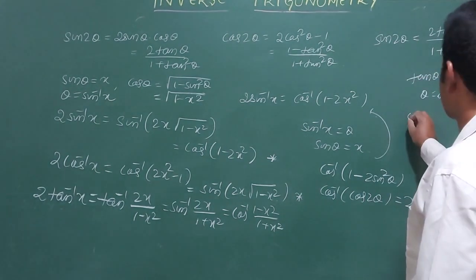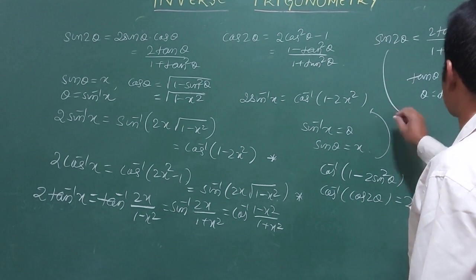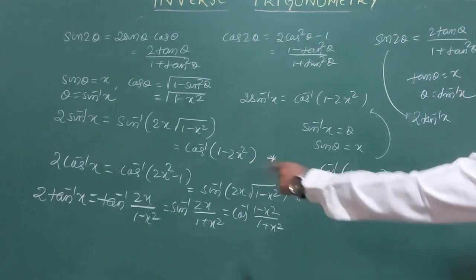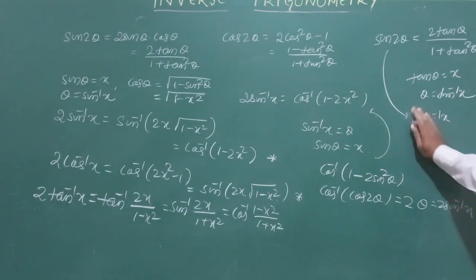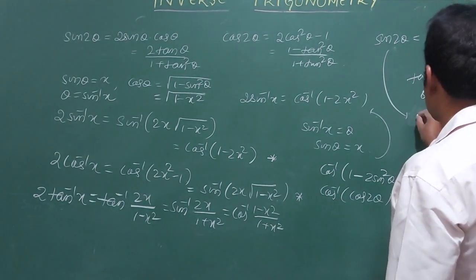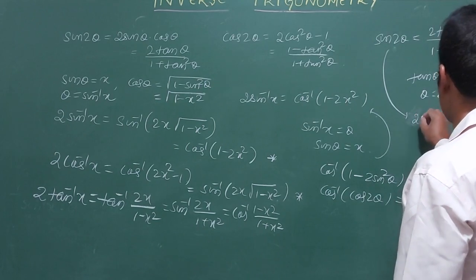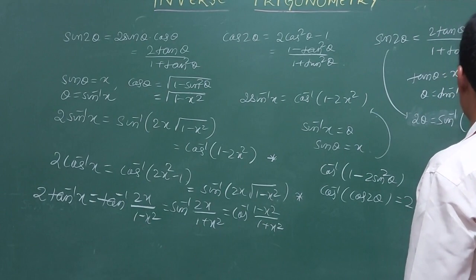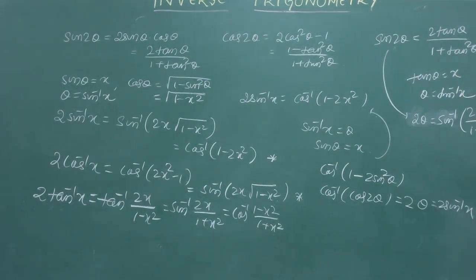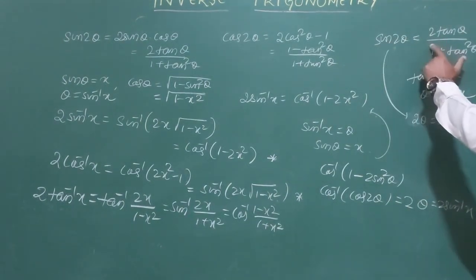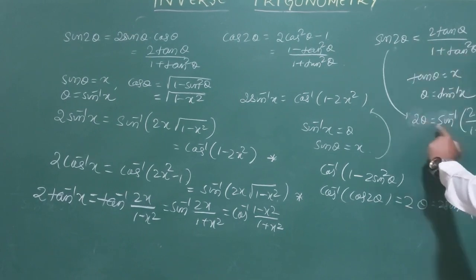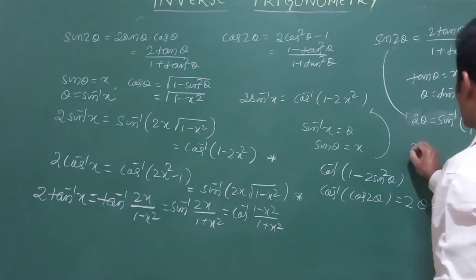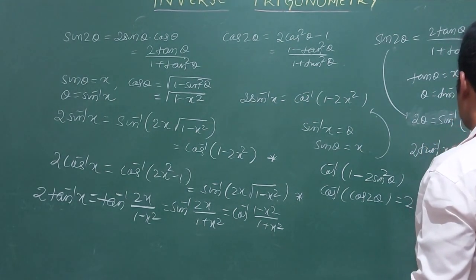Sin 2 theta. The question is 2 tan inverse x. That I have to prove. How to do it now? Sin 2 theta is equal to this. 2 theta is equal to sin inverse 2 tan theta, 2x by 1 plus x square. Apply sin inverse to both the sides. 2 theta is sin inverse 2x by 1 plus x square. Instead of theta, you replace the value. 2 tan inverse x.